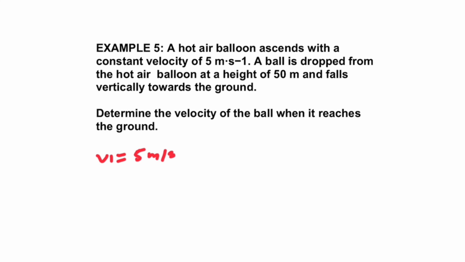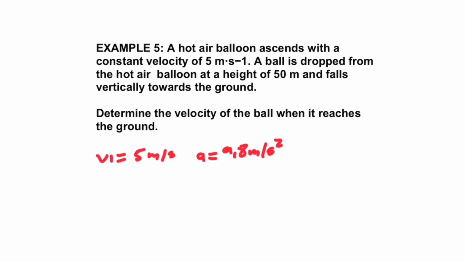If you drop an object from a moving reference, its initial velocity is that of the reference. That is why we are saying that the initial velocity of the object is 5 meters per second. But its acceleration is not that of the reference. Its acceleration is, and always is, 9.8 meters per second squared.